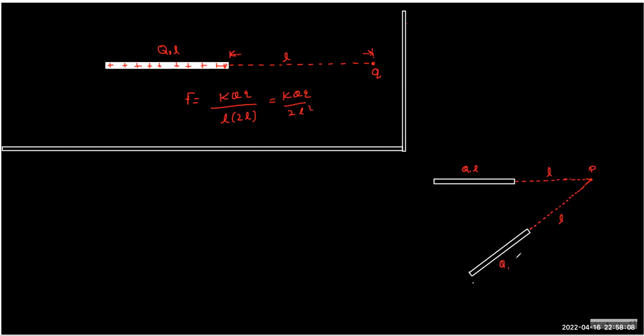I'm keeping everything symmetrical. The only difference is one rod has positive charge, the other has negative charge, and let's say this angle is 60. So what is the net force acting on the charge q kept there? F net on the charge q is how much? Okay, understood the question? Yes, sir. So try this out. This is an easy one.